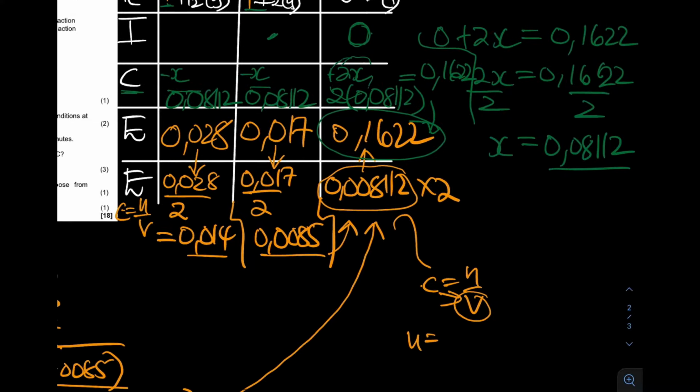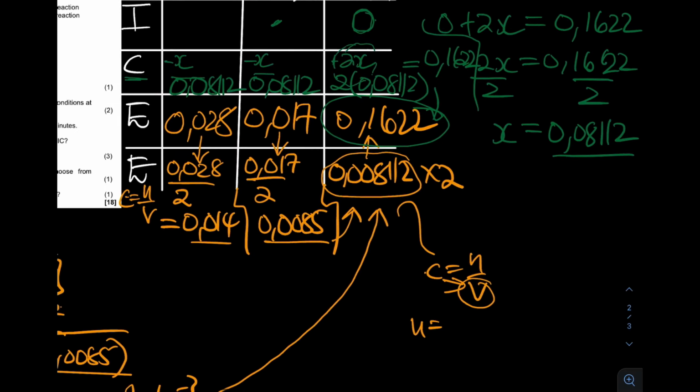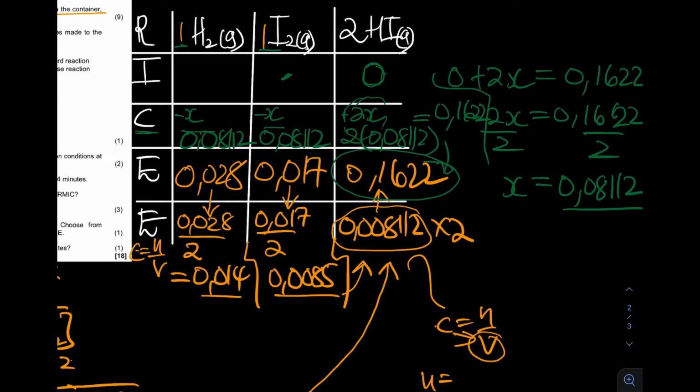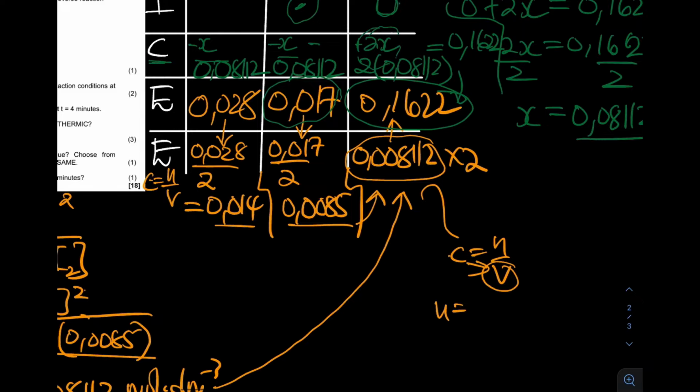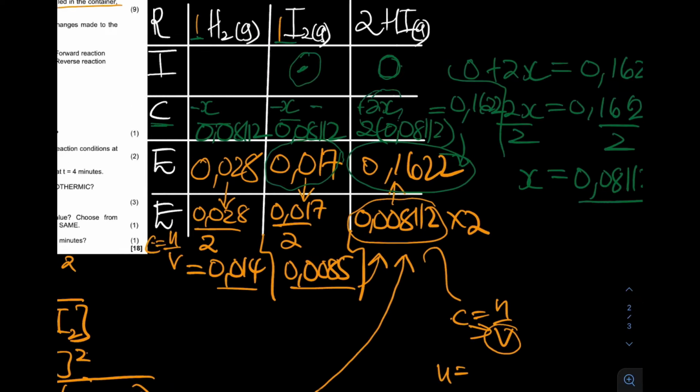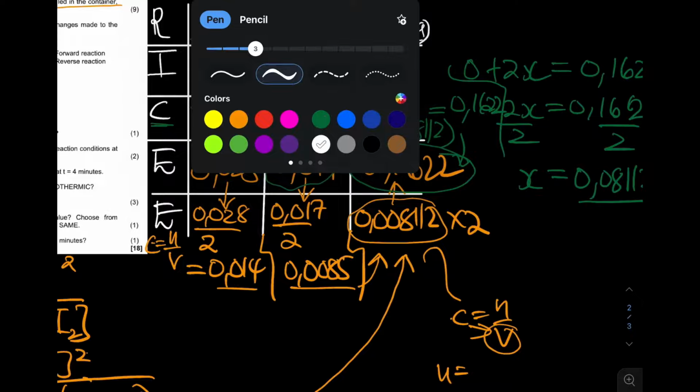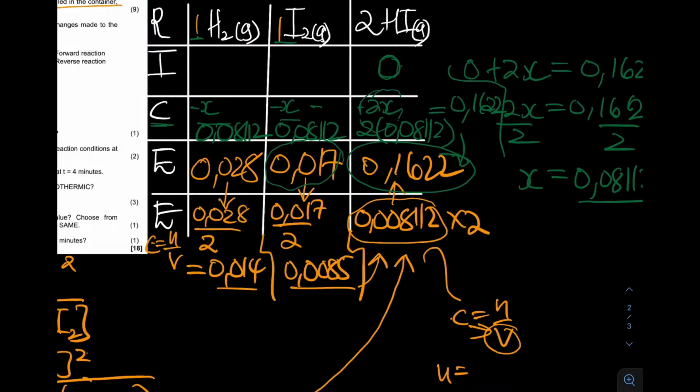iodine there. Now normally what we do is we say this initial amount minus the amount that has reacted will give us what will remain there. So we'll say this value is x as well, but let me put it in a red color or in a white color so that you can see.